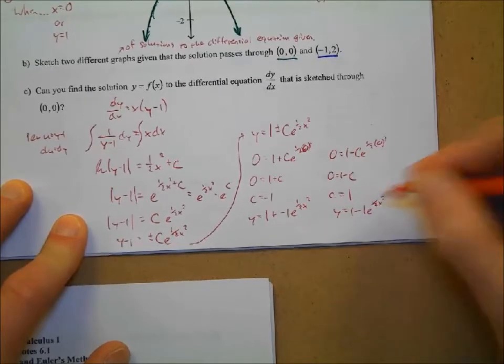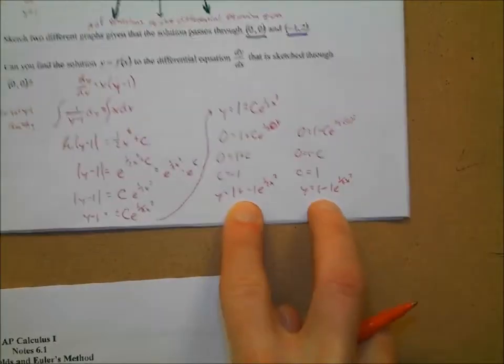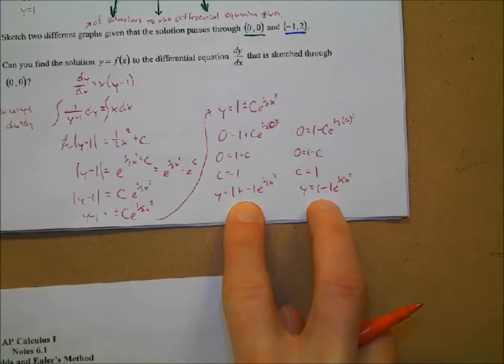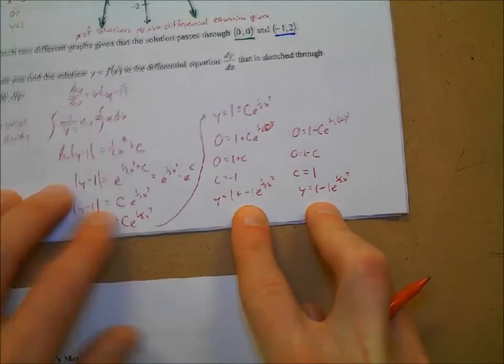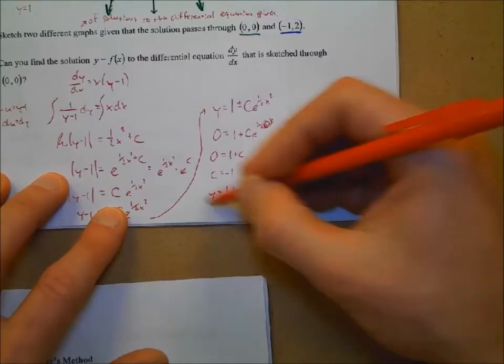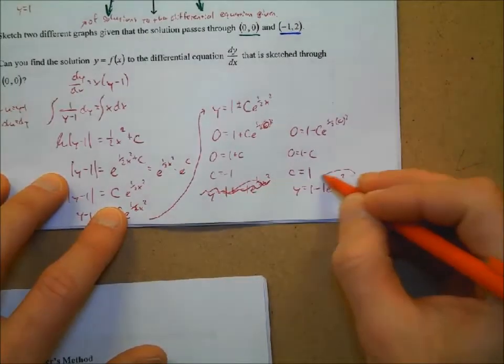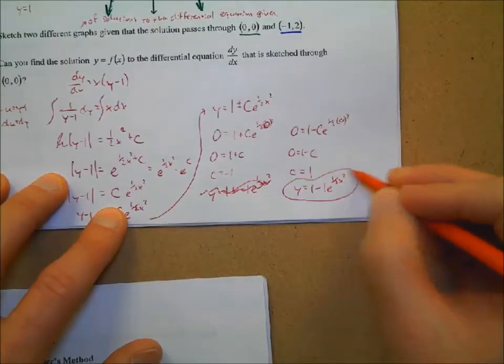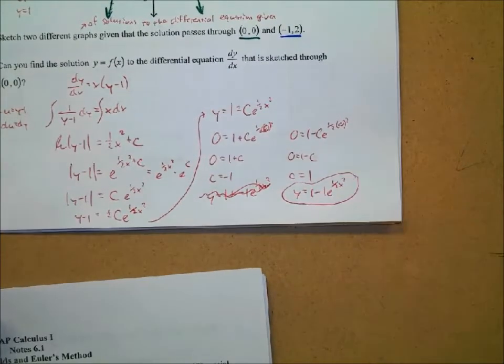And what is true about both of these curves? They're the same, right? So we don't need the plus or minus. We can forget about it and just use this version right there. And so there is our particular solution.